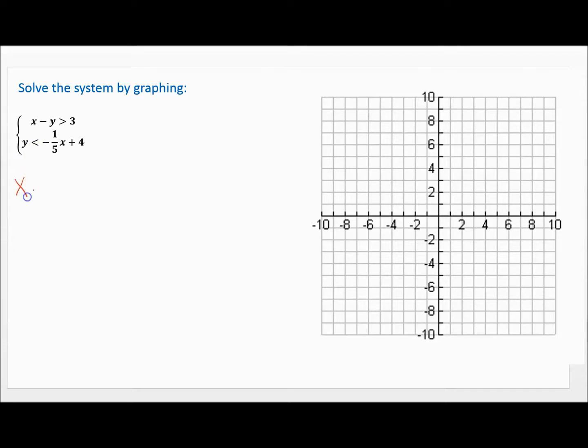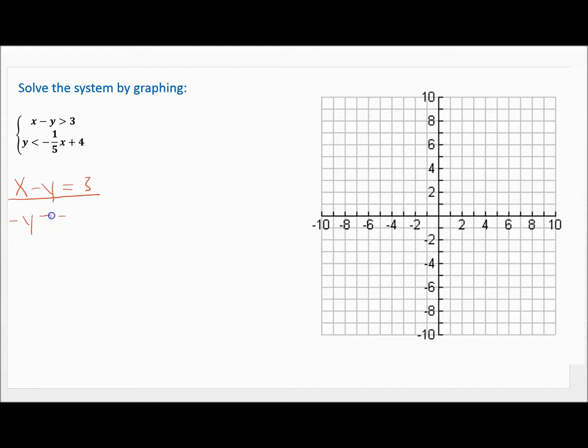So I have x minus y is greater than 3. Now, how do we want to graph that? I'm a big fan of writing everything in the form of y equals mx plus b. It doesn't always work. Watch this one. I'm going to move that x over. That'd give me negative y is greater than negative x. Matter of fact, let's not even worry about the greater than right now. Graph an equal to instead.